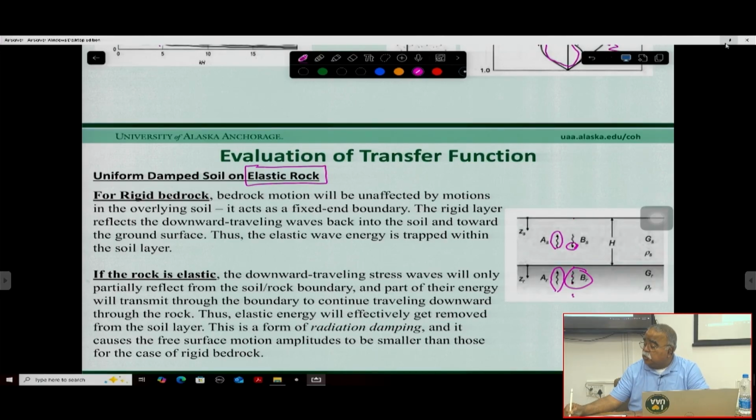So let us assume that the soil has a modulus of rigidity G_S, and a density of rho_S, and a thickness of H, and the rock has a modulus of rigidity G_R and a density of rho_R, right?